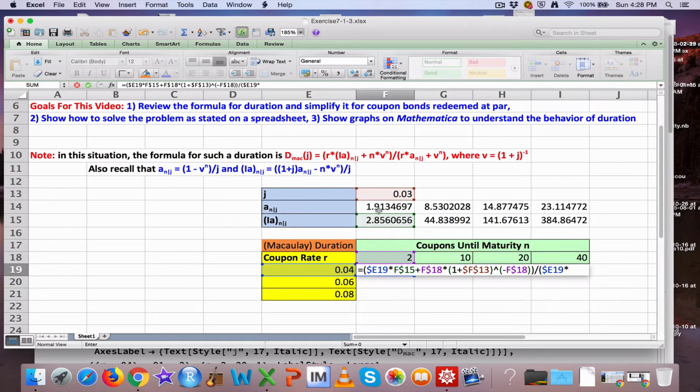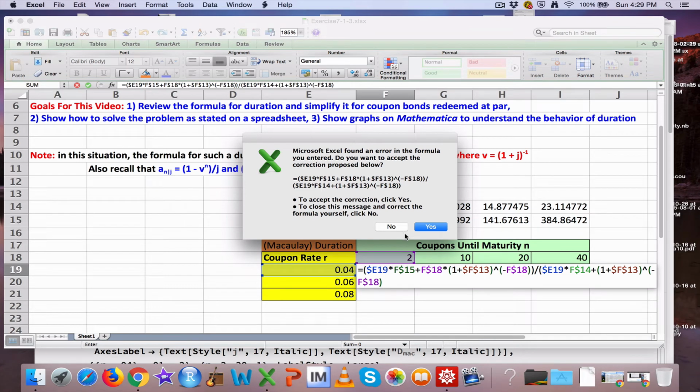I want to take from F14 here, but I want to, let's see, again, keep the 14 correct, but not the F. So I want F$14 plus V to the N. We're almost done. 1 plus $F13 to the negative N power. Running out of room here for you to see this. And again, coming from F18. Nothing in front of the F, but a $ in front of the 18. I think this should do it. Oh boy.